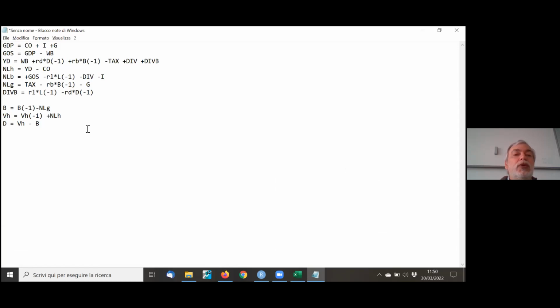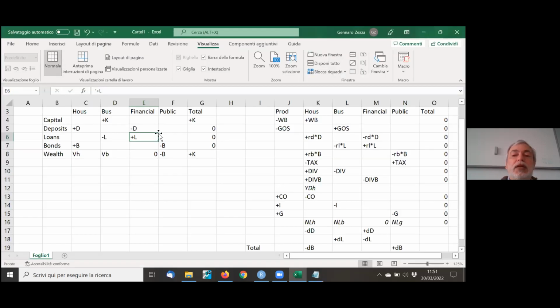So what we wanted to assume instead is that there is a demand for loans. So the change in loans is equal to investment less the net lending of the business sector. No, it's not the net lending, but what we could call the disposable income of business.